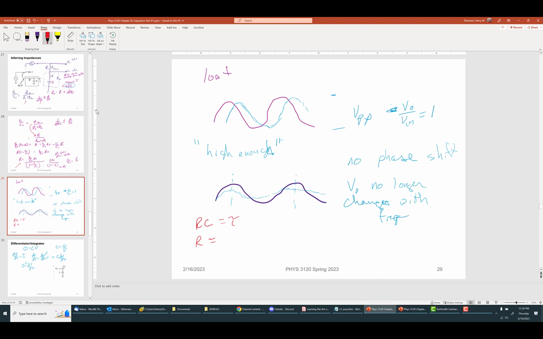We know the value of R inside the RC circuit, and so C is going to equal tau divided by R, because tau is RC, and over R, there it is, so they'll cancel out. Pretty nifty, huh?